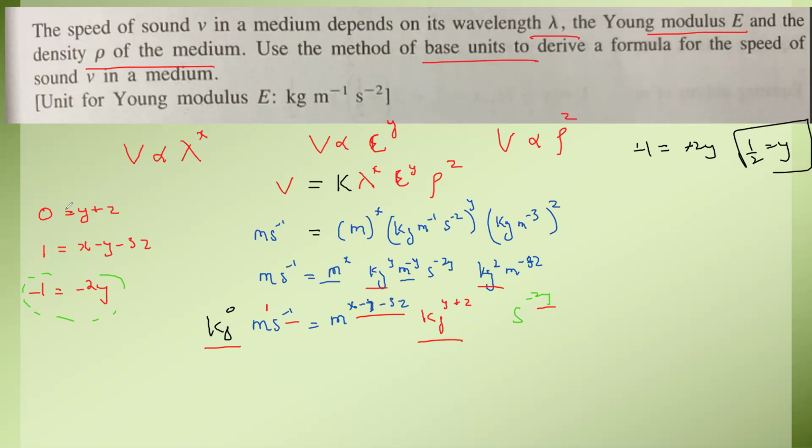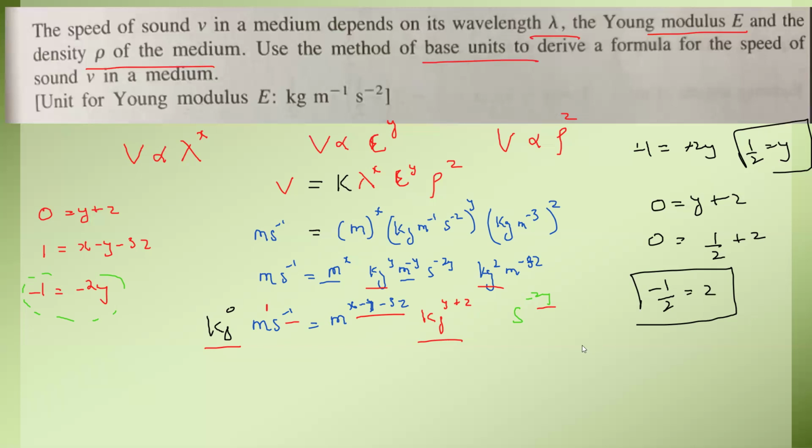Then if you see this equation, in which 0 is equal to y plus z, I can substitute the value of y to be half. It moves to the other side, so it will become negative half. So the value of z is negative half. Now how to get the value of x?